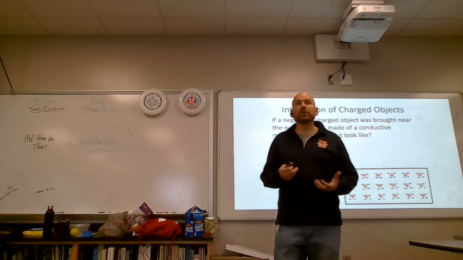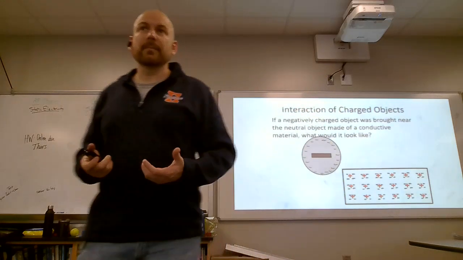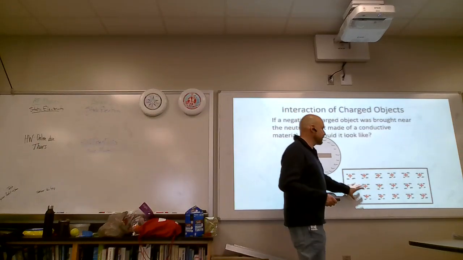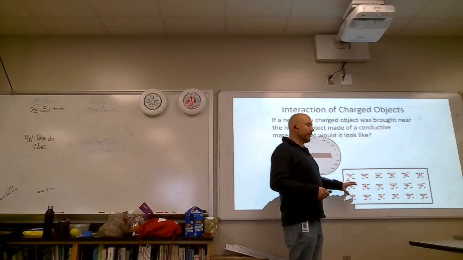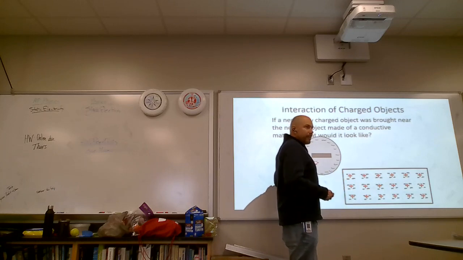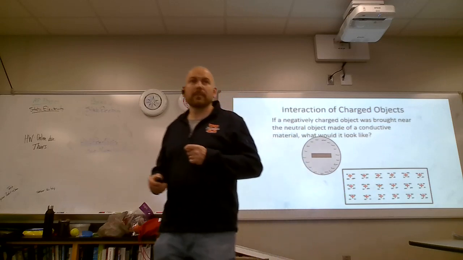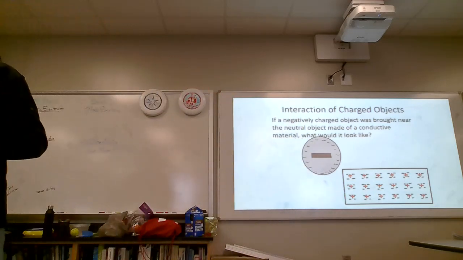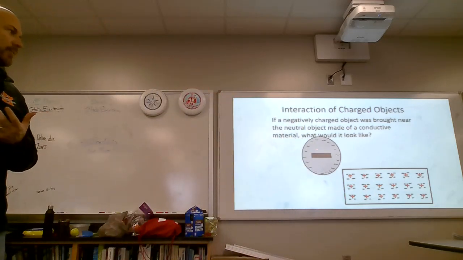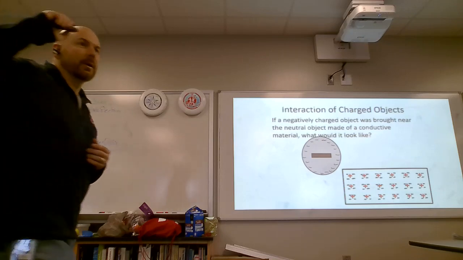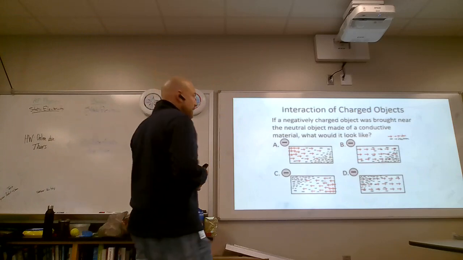It's neutrally charged. What happens inside this plate of metal when you bring a negatively charged bowling ball near it? How does that respond to the presence of this negatively charged bowling ball? We're not touching it, we're just bringing it close.